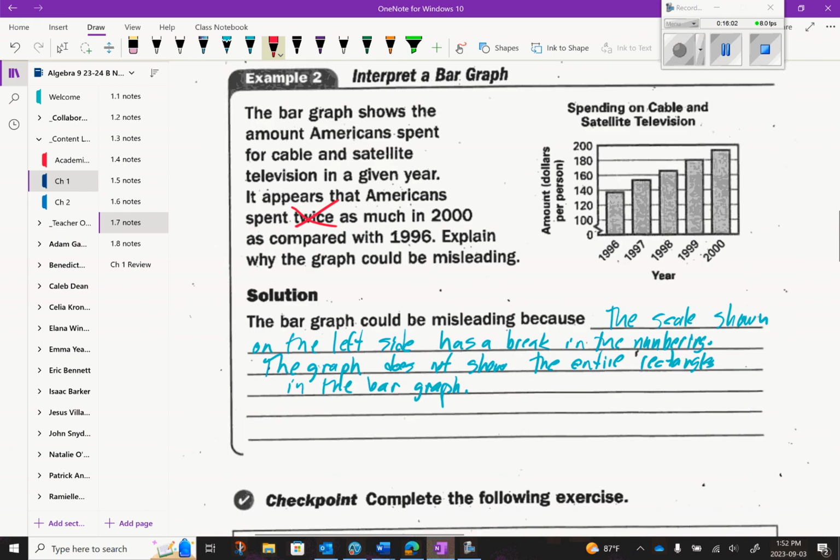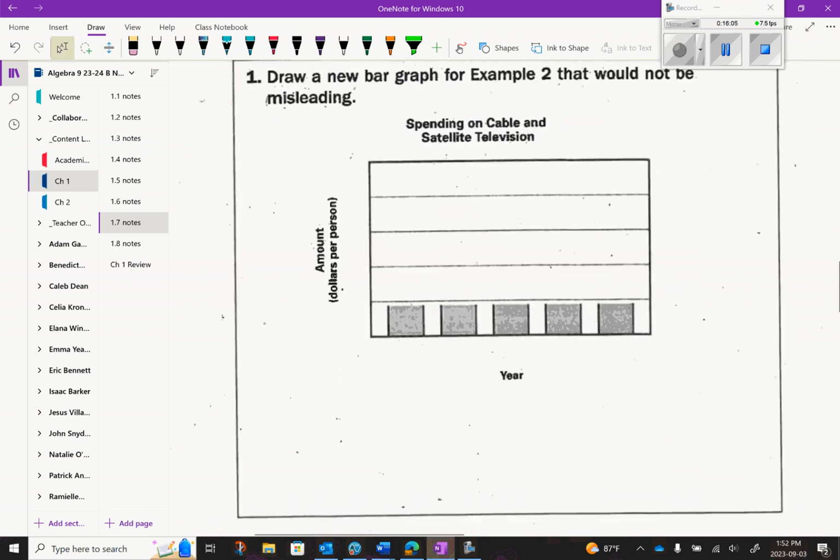So if we want to draw this so it's consistent, let's label this as 200. Now I have 1, 2, 3, 4, 5 spaces to get all the way down to 0. So if I take 200 and divide it by 5, each of these is going to be $40.